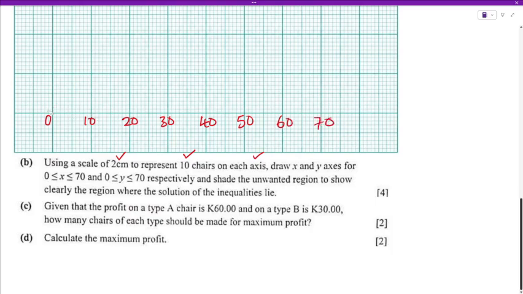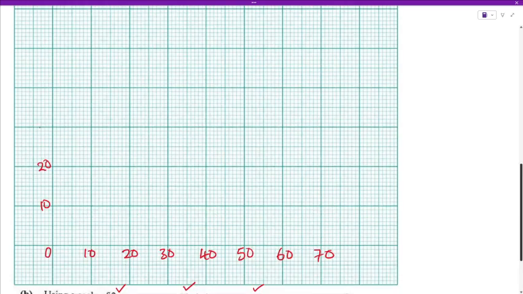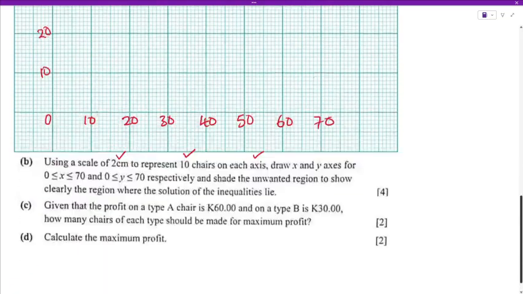Okay, on the y-axis as well, we're going to have 10, 20, 30, 40, 50, 60, and 70 there. Okay, that is that. We can now draw.